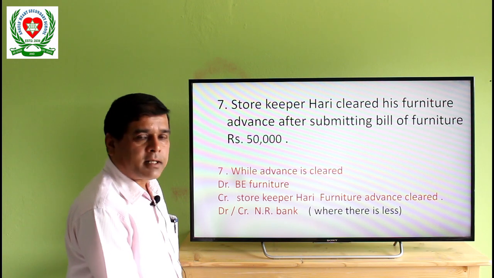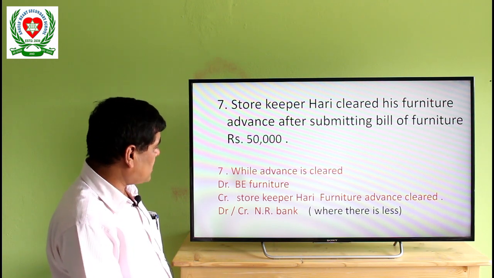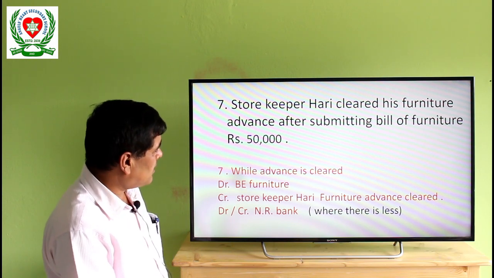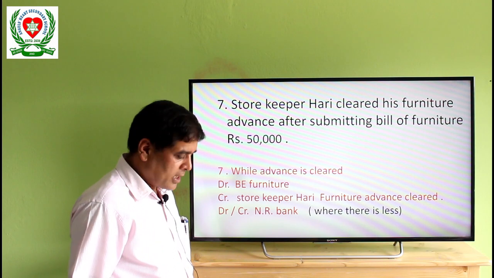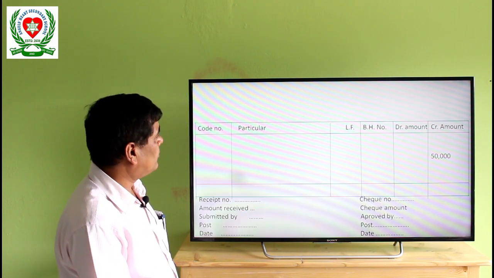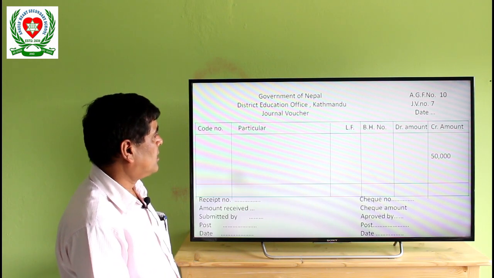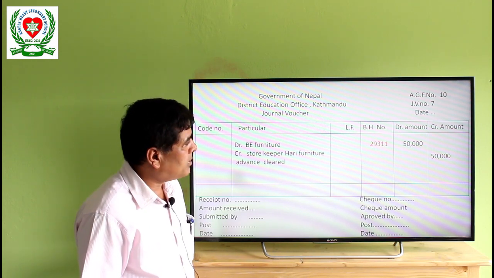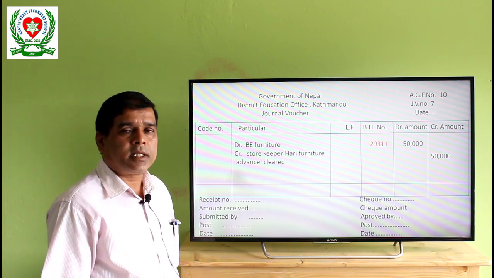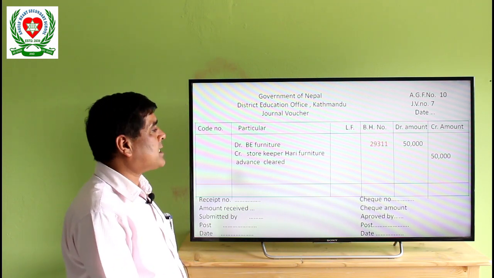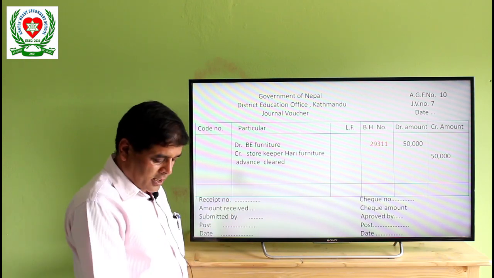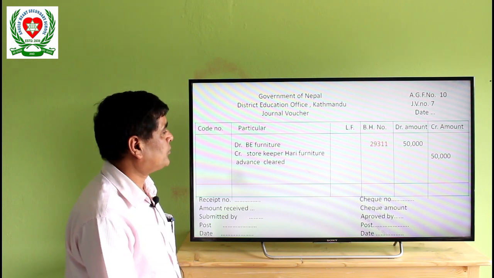If there is a lesser or greater amount than the advance taken, NR Bank, debit or credit, should be written where there is less. Here furniture is 50,000, advance clear is also 50,000, because the advance taken was the same amount. Therefore, no need to write debit or credit NR Bank here. Total in this way.